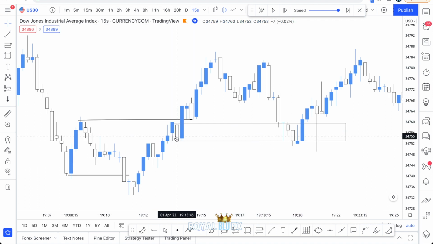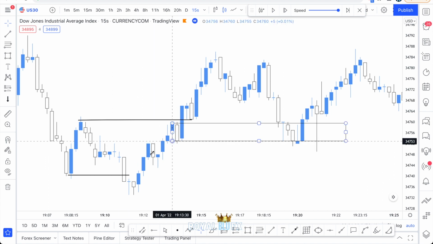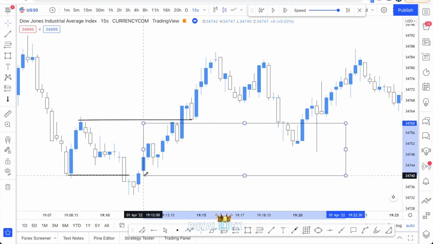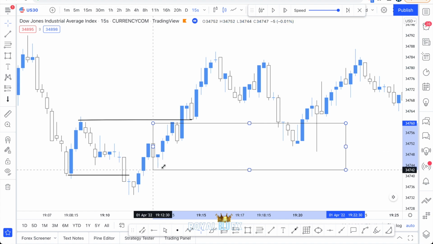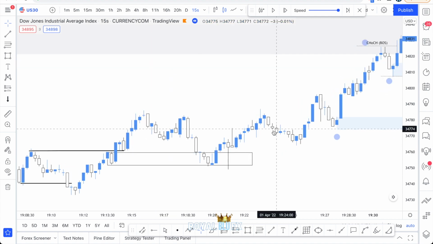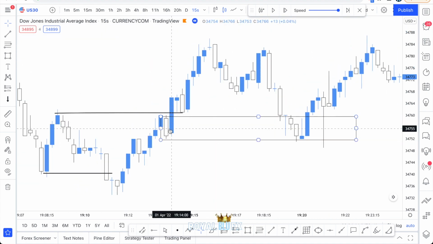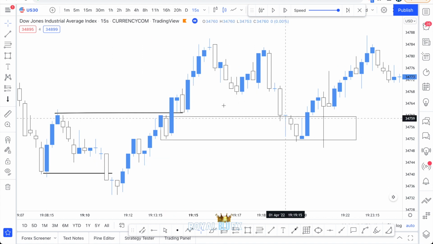This was the last low before the break of structure, right? This was the last low that was attempted to go down. That was it. There we go, right? And notice how price continues to the upside. We had that last low that was trying to go bearish, but instead went bullish. And there's your flip.